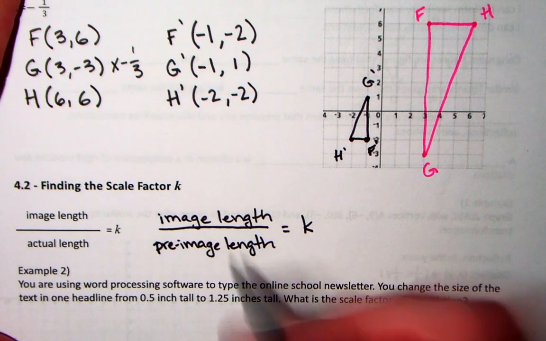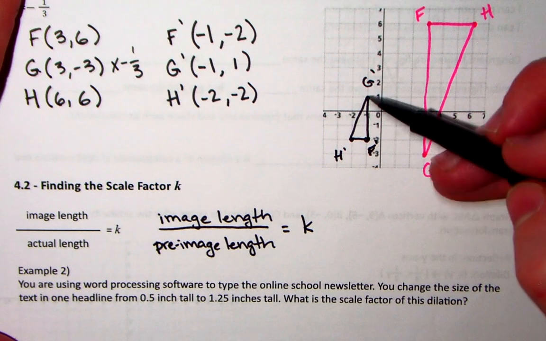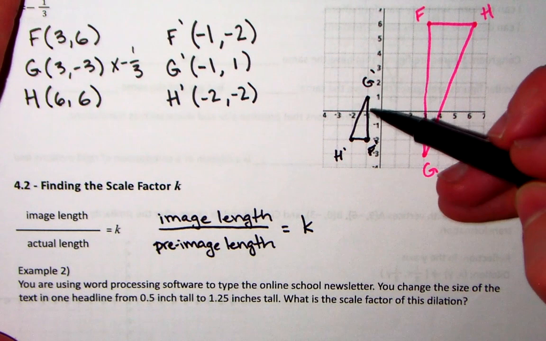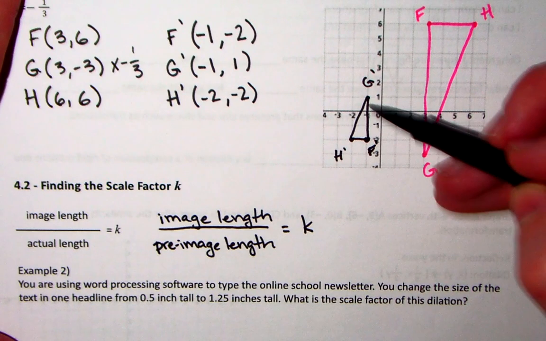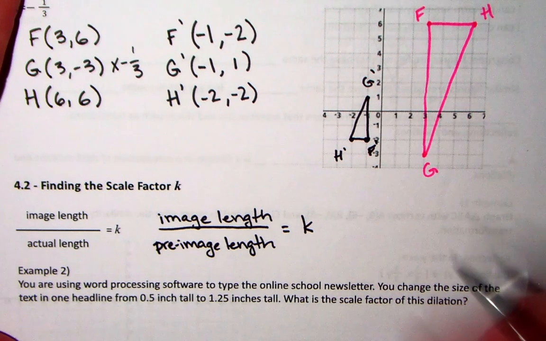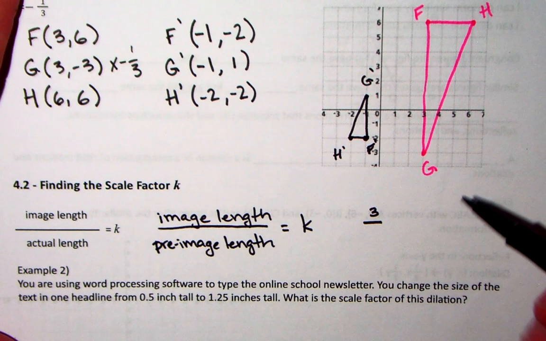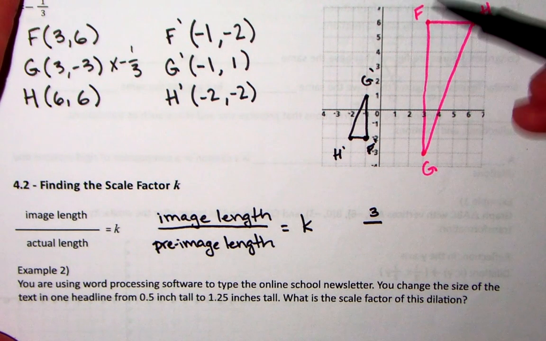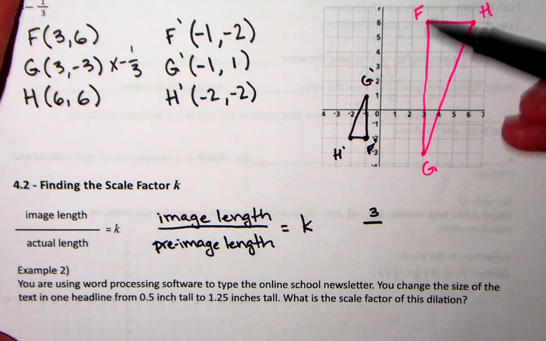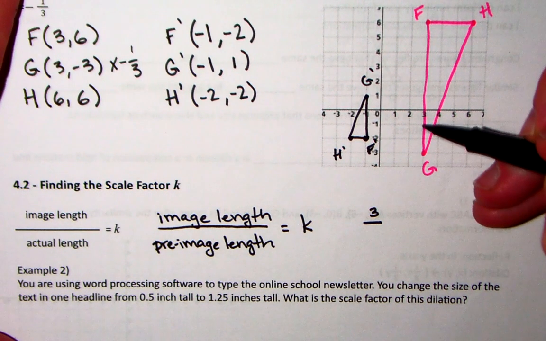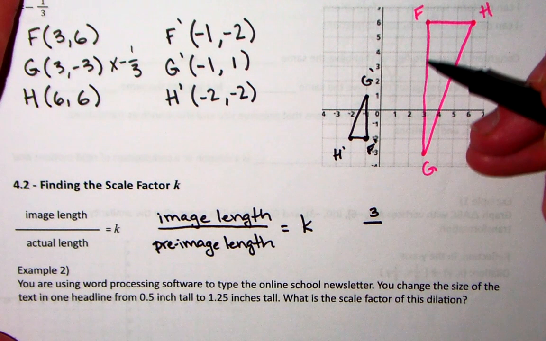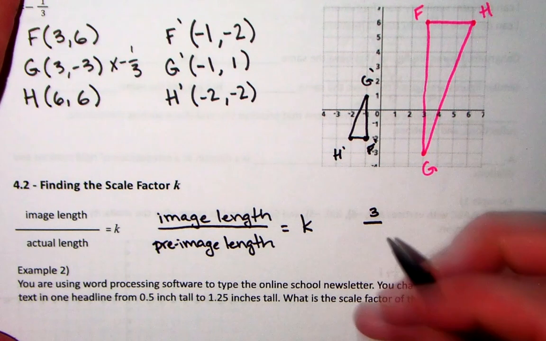So let's look at that previous example just to illustrate what we're talking about here. The image length: let's look at side G prime F prime. G prime F prime looks like it's 3 units tall, so I'm just going to throw a little 3 down here. And GF was 1, 2, 3, 4, 5, 6, 7, 8, 9 units tall.